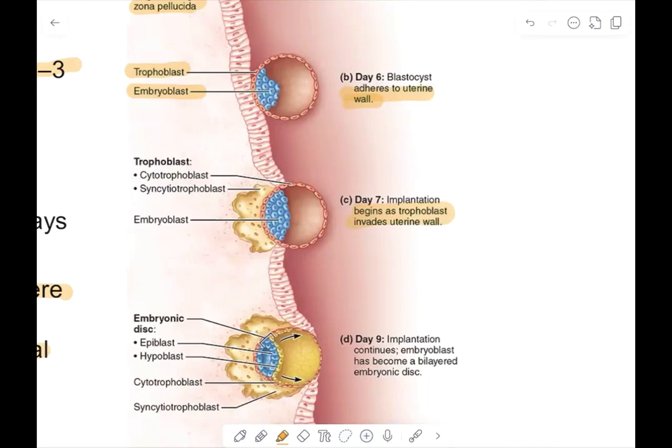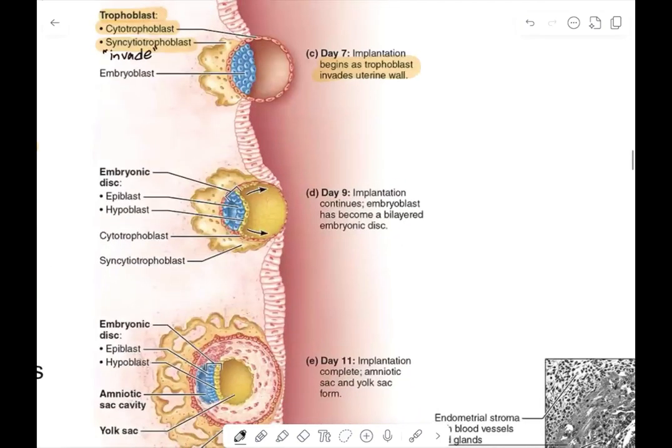And at this point, it separates into two layers called the cytotrophoblast and syncytiotrophoblast. It's the syncytiotrophoblast which is going to start to invade the endometrium. At day 9, implantation is continuing.